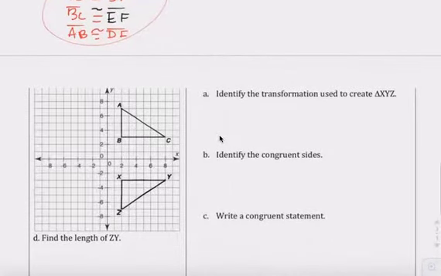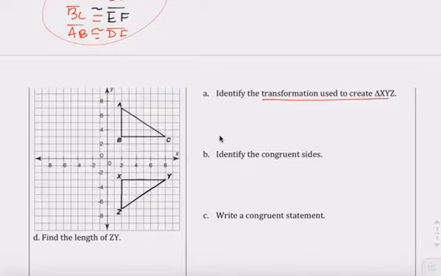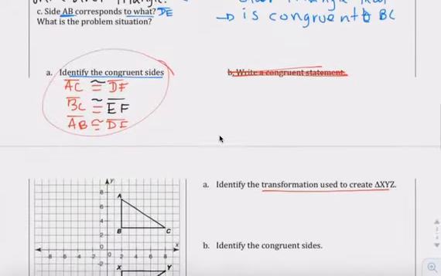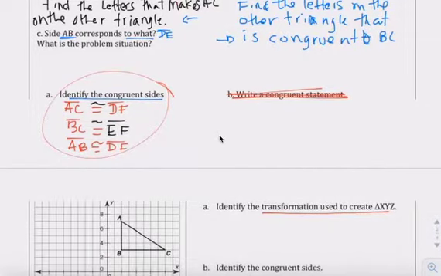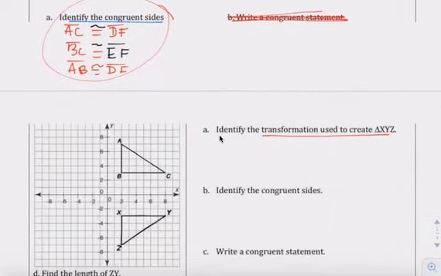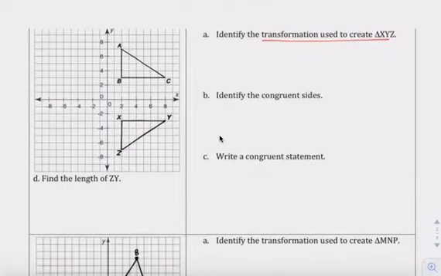Okay, what transformation creates that? I'm going to put this up for those who need to copy. Pause and wait for you to identify those. Transformation: it's a reflection over the x-axis.